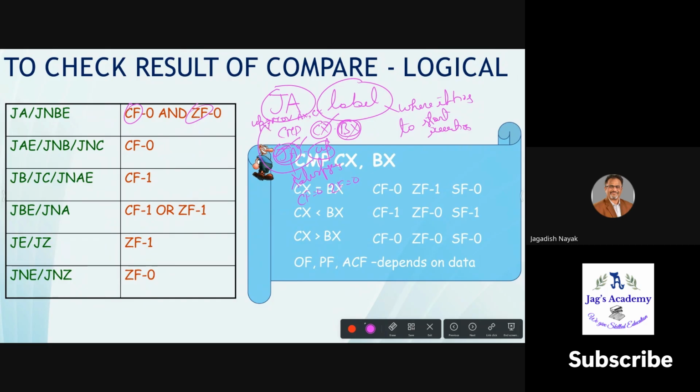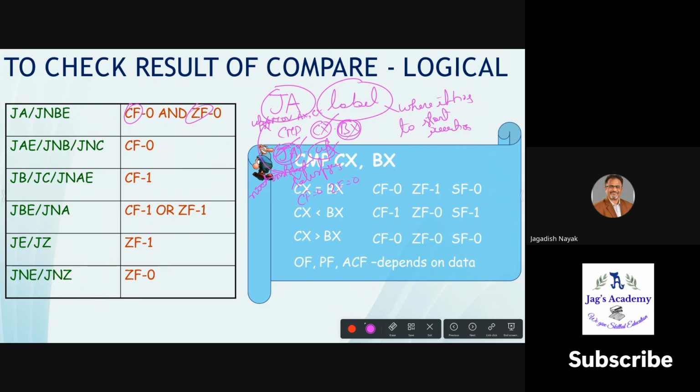Suppose CX is less than BX. The condition fails, because your carry flag is 1. In such a case, it won't go to up; it will start executing from the next instruction. This is jump on above.